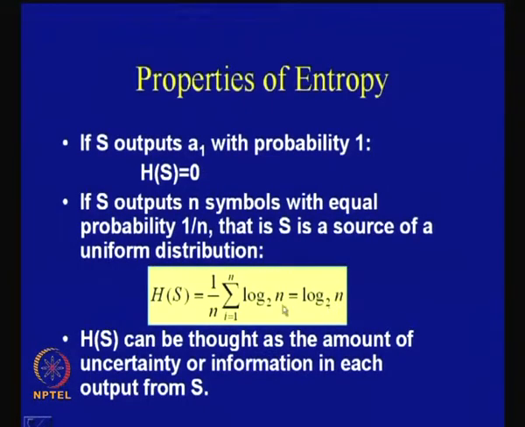That means if S outputs n symbols, and if n is equal to 2 to the power of capital N, which I denote by N bits, then this logarithm will work out to be N. So there is an uncertainty of N bits in the source S. So this notion of entropy gives us an idea about uncertainty or information.